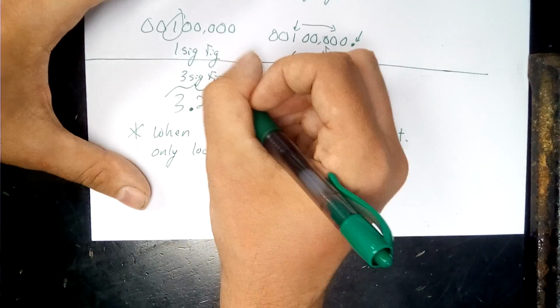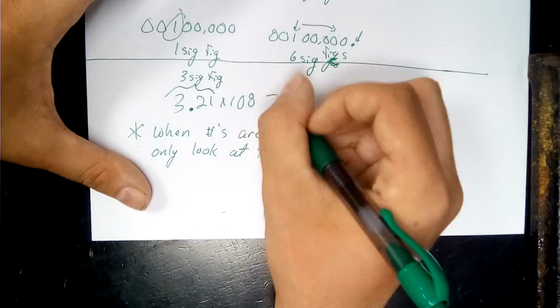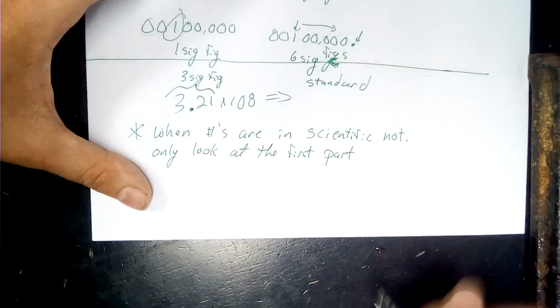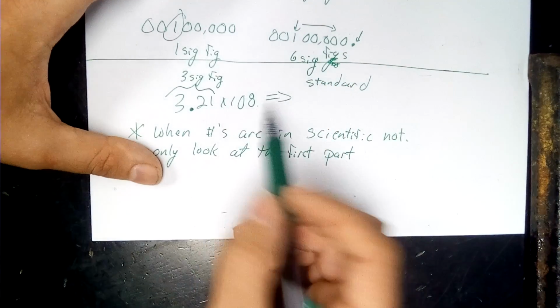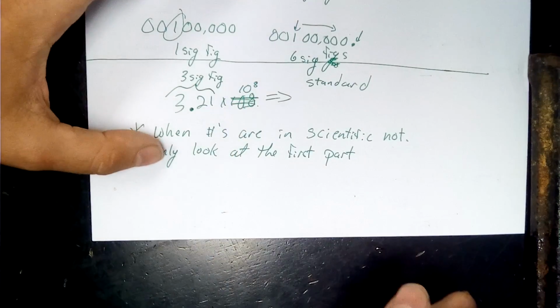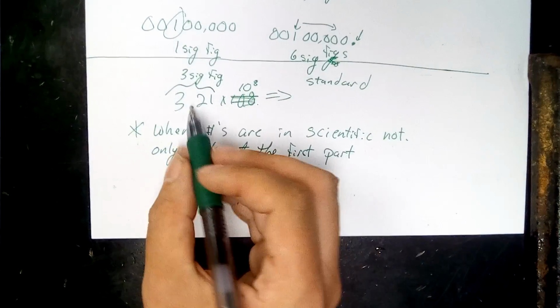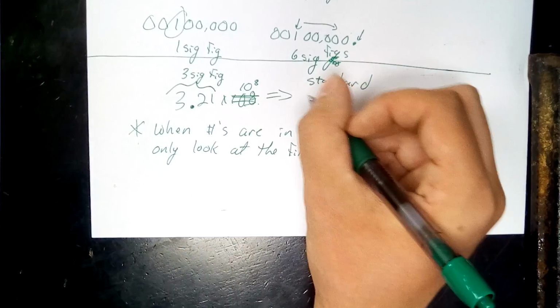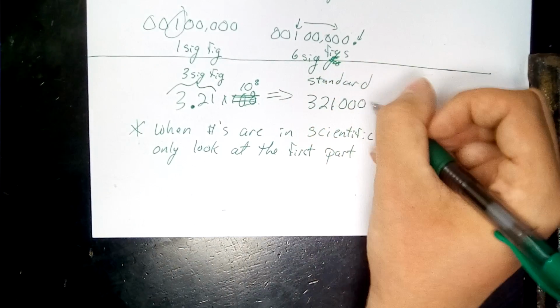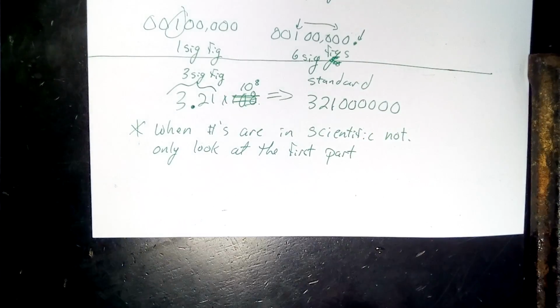Because if I was to write this out in standard notation, I need to move my decimal place. I probably should make this actually look like 10 to the 8th. I'm going to have to move my decimal place 8 times to the right. So 3, 2, 1, so there's 1, 2, 3, 4, 5, 6, 7, 8.